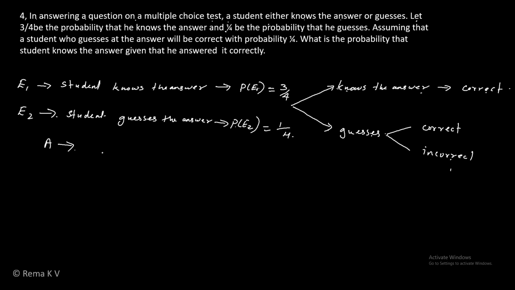So what is A? What is the probability that student knows the answer given that he answered it correctly? Given that or found to be.